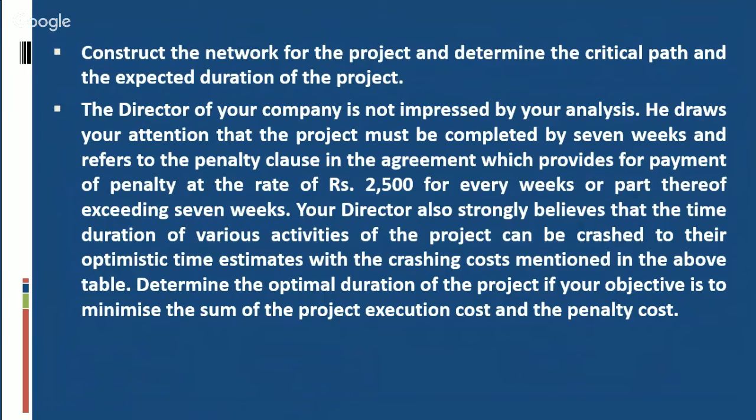Second, the director of your company is not impressed by your analysis. He draws your attention that the project must be completed by 7 weeks and refers to the penalty clause in the agreement, which provides for payment of penalty at the rate of rupees 2,500 for every week or part thereof exceeding 7 weeks.